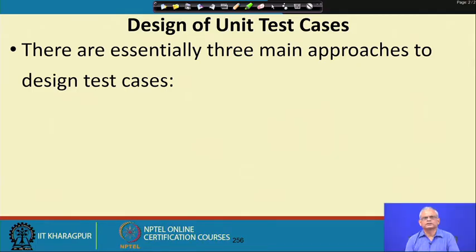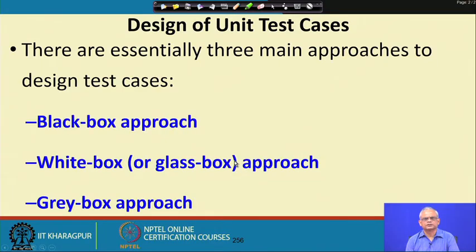Now, what are the main approaches to design unit test cases? One is called the black box approach. The other is the white box approach, and the third is the gray box approach. For a function, unit testing is basically black box and white box.